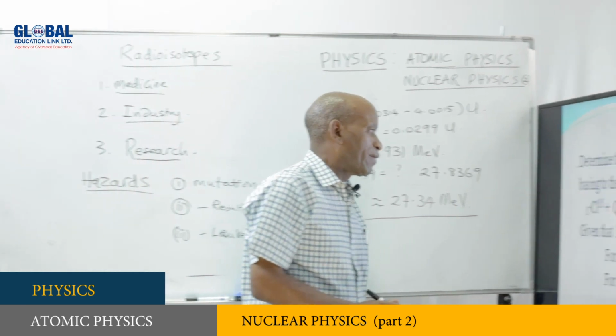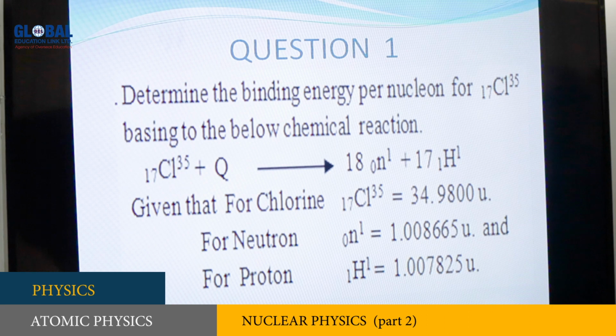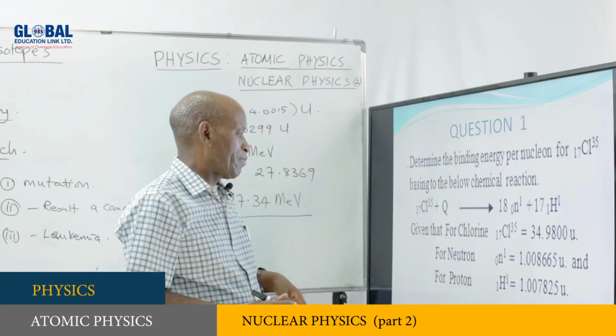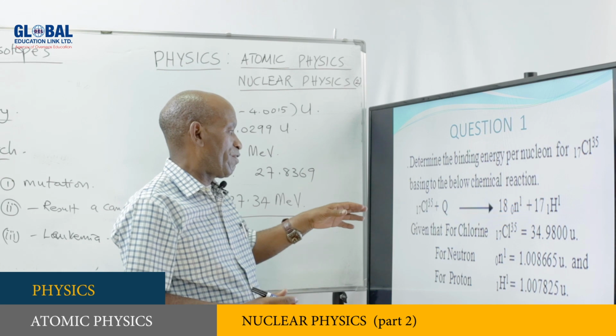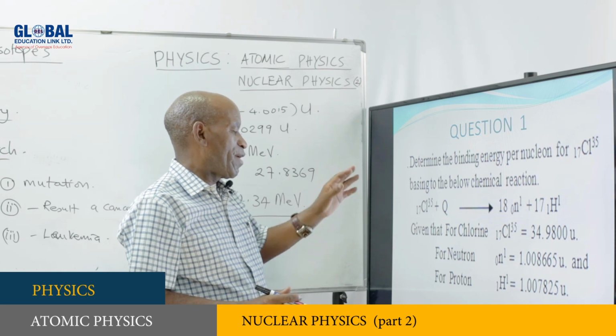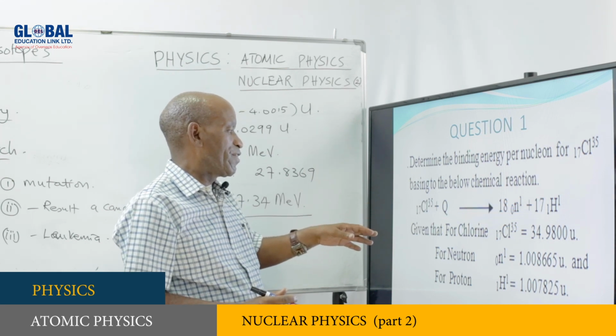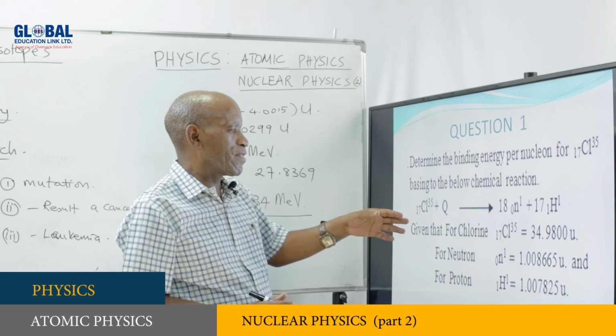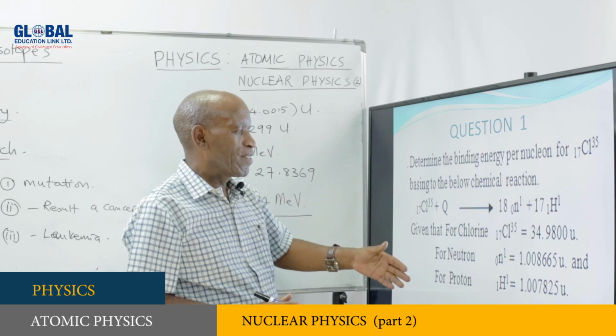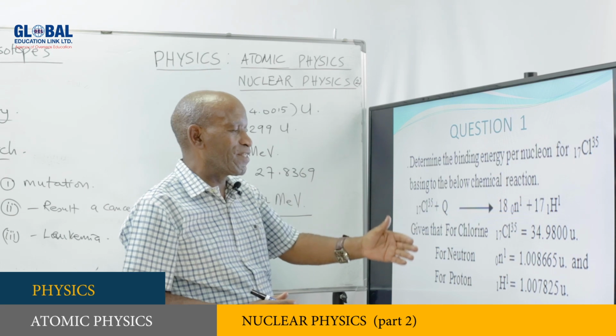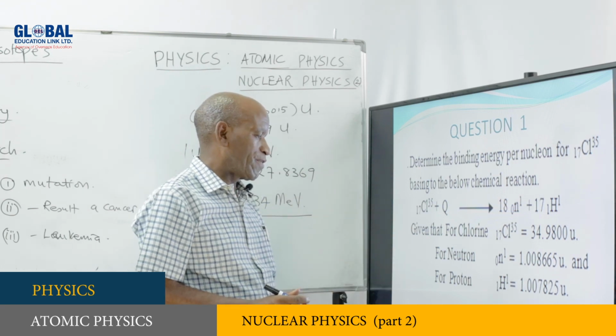Question number 1. The question says, determine the binding energy per nucleon for chlorine-35 based on the chemical reaction below. So we have chlorine-35 plus that energy Q produces 18 neutrons and 17 protons.